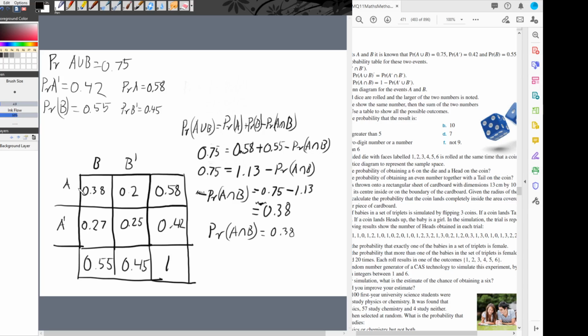We can do a quick check going horizontally to make sure we got all our numbers correct. 0.38 plus 0.2 is 0.58. 0.27 plus 0.25 is equal to 0.52. Okay, so we've made a mistake. So let's quickly check. This number is wrong. This number is correct. So this should have been a 0.17. Now this works. Now this works. So always check your rows and your columns to make sure you've done the right thing.